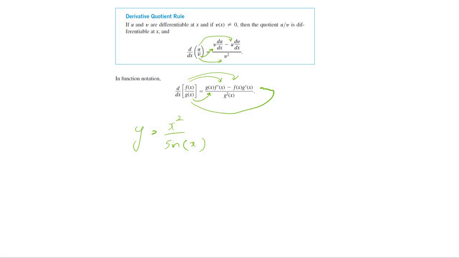So here we see g(x) is sin x, so we just write sin x, differentiate f dash x, the differentiation of this is 2x, minus, write this again, x squared, the differentiation of sin x is cos x, we saw that previously, and simply take the denominator and square it.